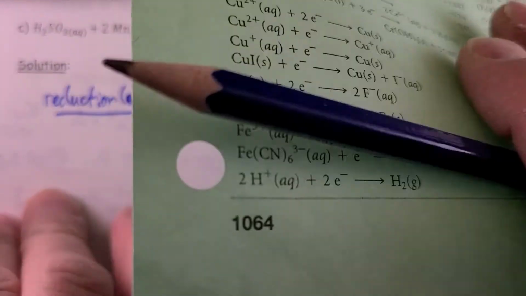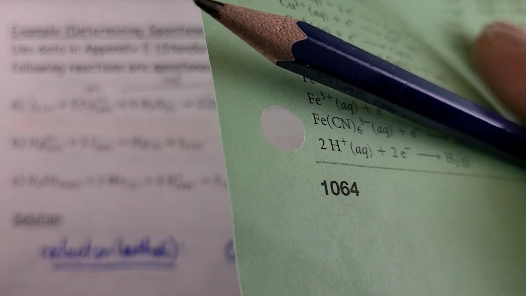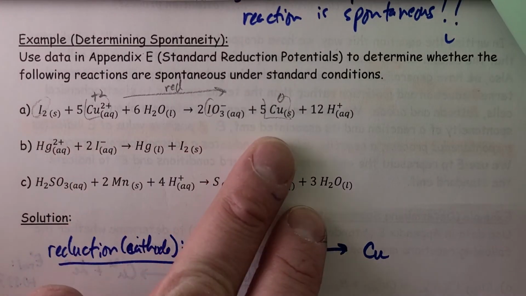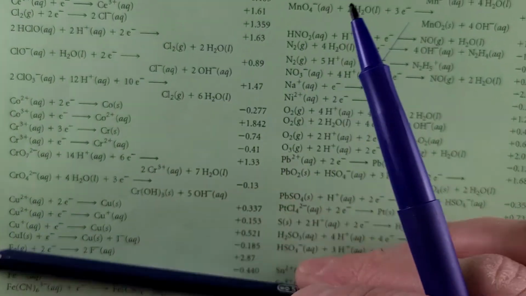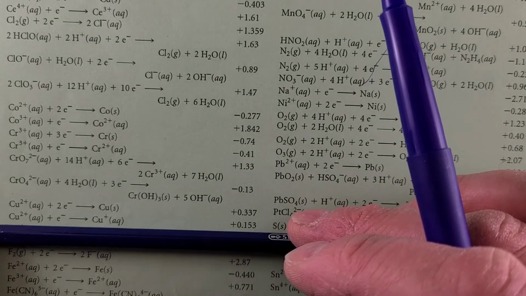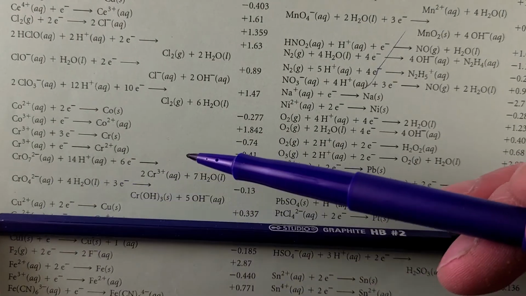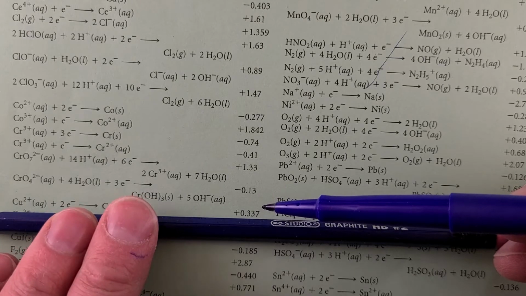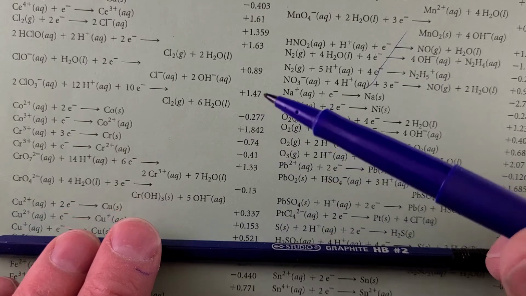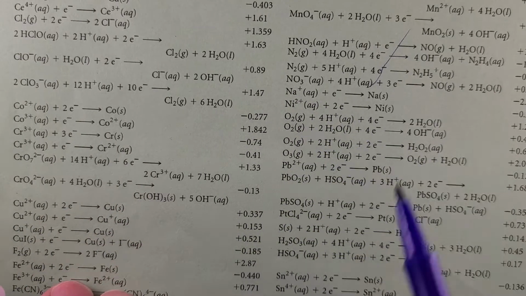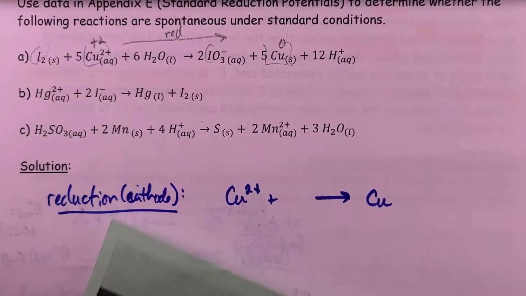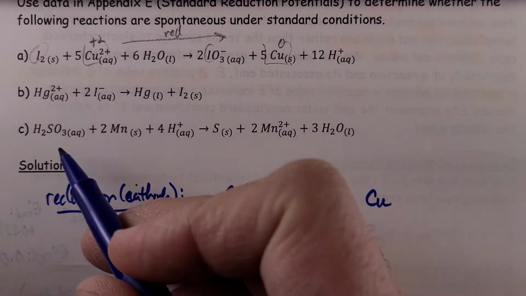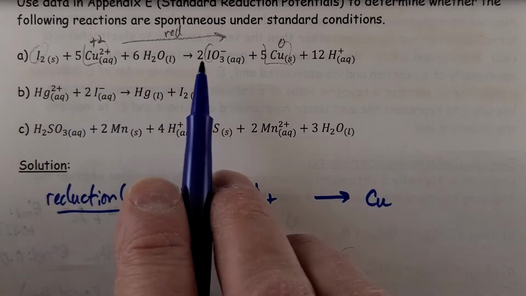I think when I did this earlier, I chose the wrong one in my book, but let me just double check. So copper 2 plus going to copper solid. So yes, that should be plus 0.337. Indeed. So plus 2 electrons, but you can see here I multiply everything by 5.